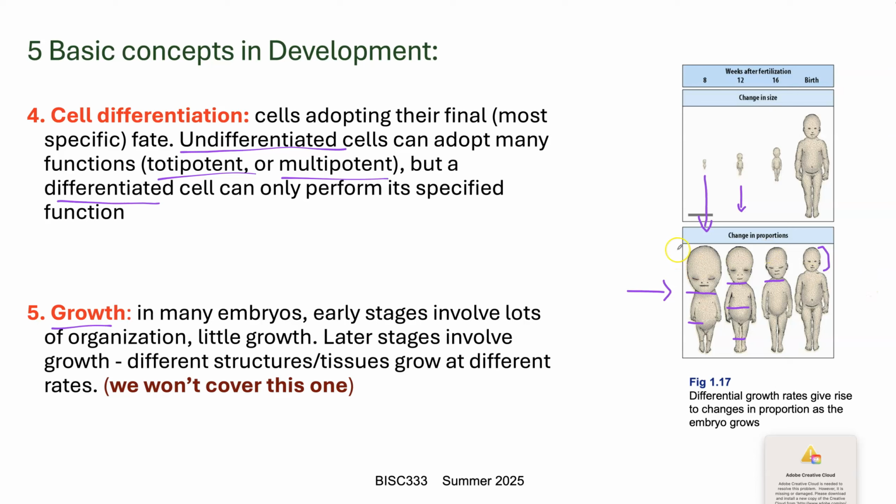There are interesting examples of how certain kinds of organs develop, and there is differential growth as part of how that organ takes shape and its eventual form. But we don't have time to cover everything in the class, and so I've opted not to spend much time on this. If there was ever an advanced course that spent more time on the development of different organs, then we would spend more time on that.